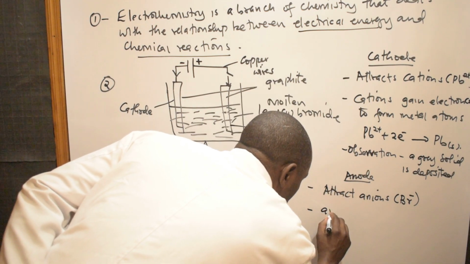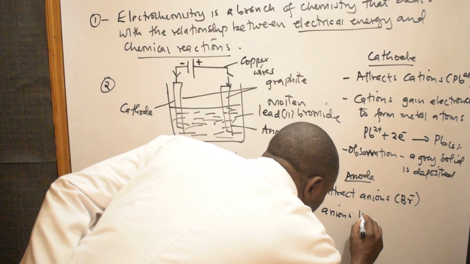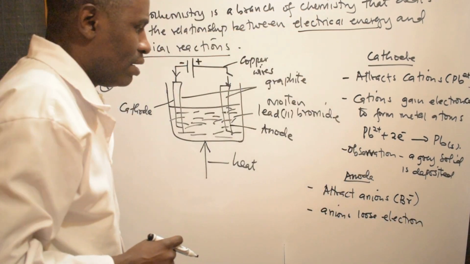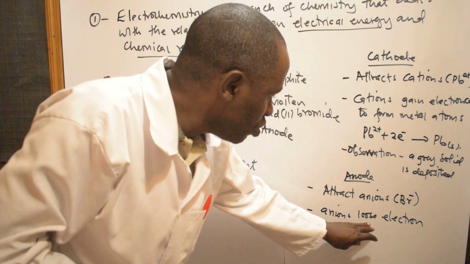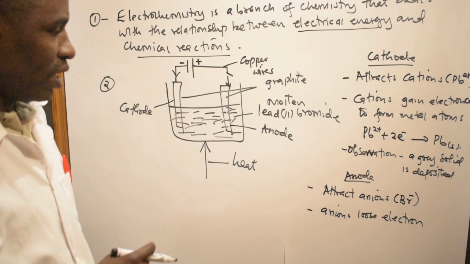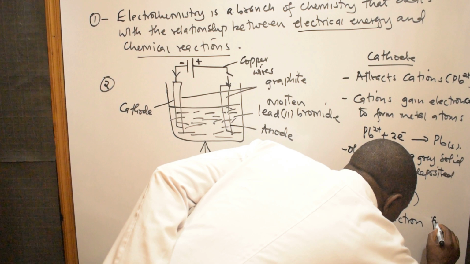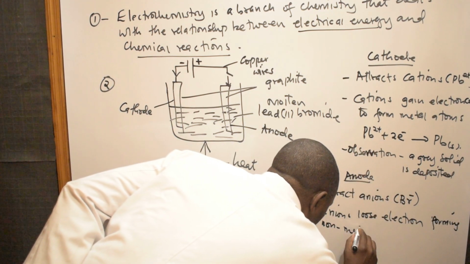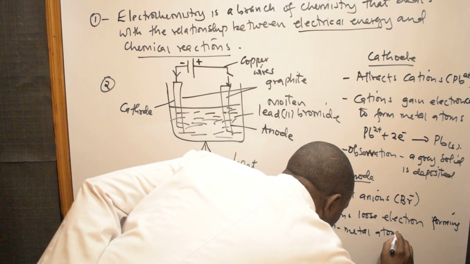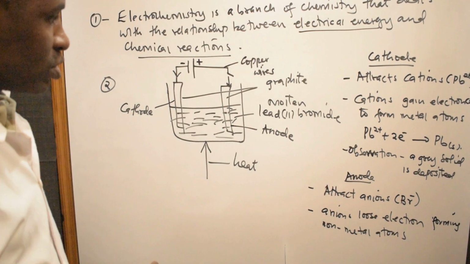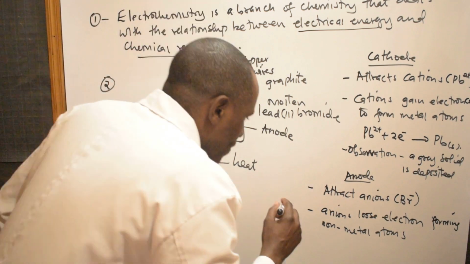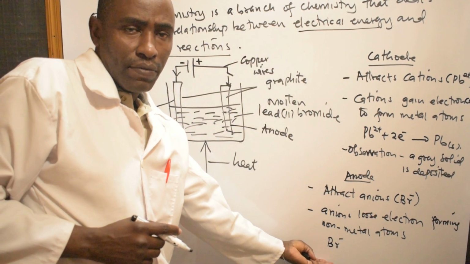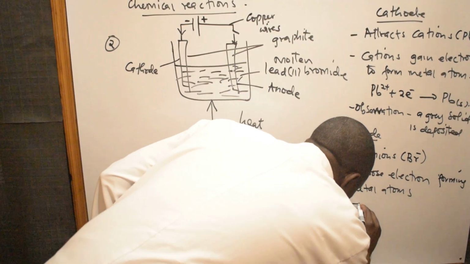So we can mention here, anions lose electrons at the anode. They are going to lose electrons there, forming non-metal atoms. Look at that. That's what we're talking about. In this particular case here, we've got a bromide ion, for instance. A bromide ion loses electrons.